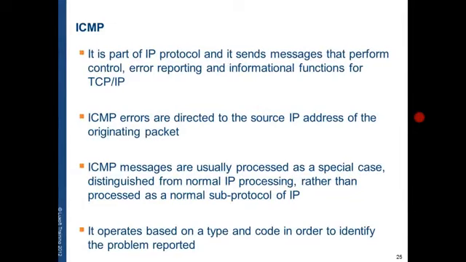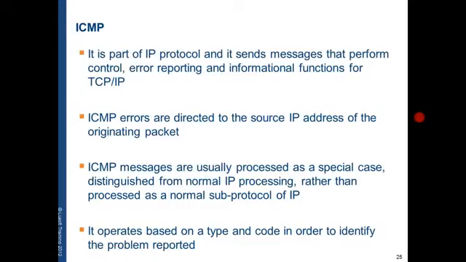ICMP is a part of the IP protocol, and it is used for control and reporting information throughout the network. When an error is detected, an ICMP packet is created by the destination, and it is sent to the originator of the packet for which we detected the error to announce that there is a problem with the packet it sent.